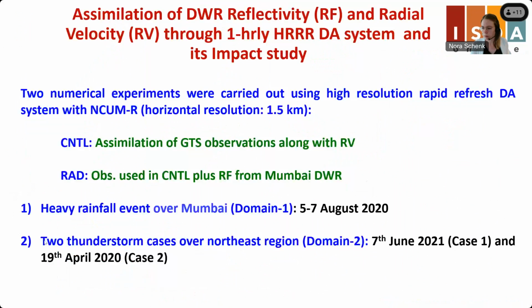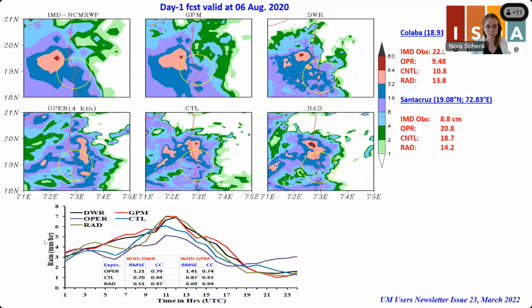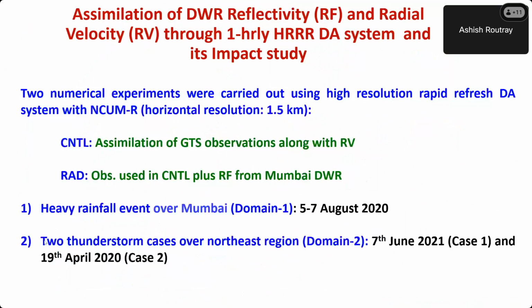In this case, it is 1 hourly observation. We are assimilating with a plus or minus 3 minute window for the radar, with more focus on radar reflectivity and radial velocity.